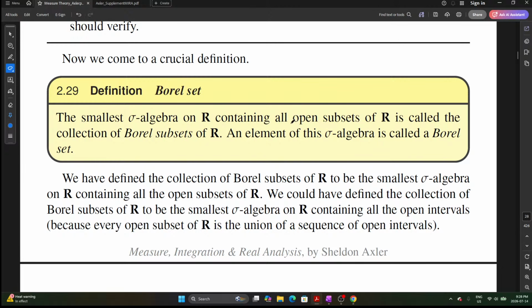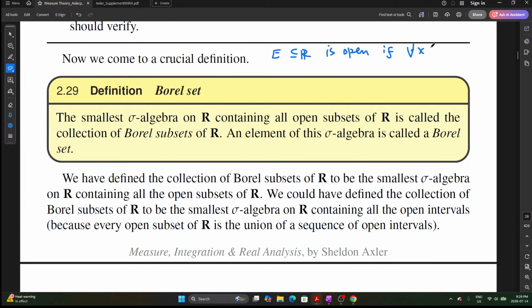So just to remind ourselves, what is an open subset? E in R is open if every point in E is an interior point.